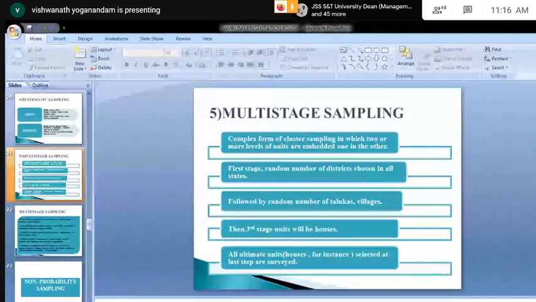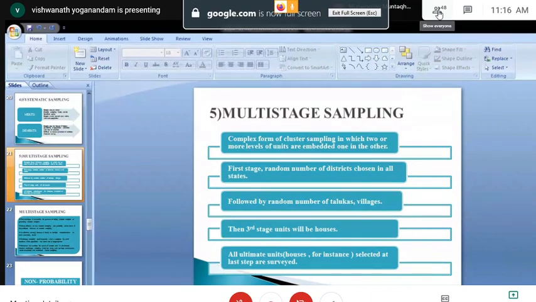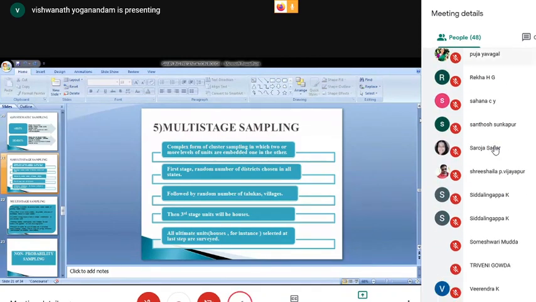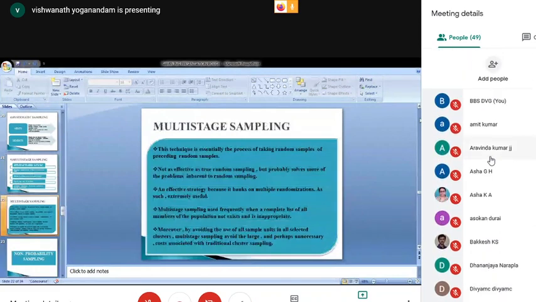Then in each cluster, we can follow the same random method to select villages. Then in the third stage, in the villages, you will select houses. And at the ultimate stage, suppose you take one township or one area, then all the houses in the area should be surveyed. That would be your multi-stage sampling. Sorry, no time to discuss all this.